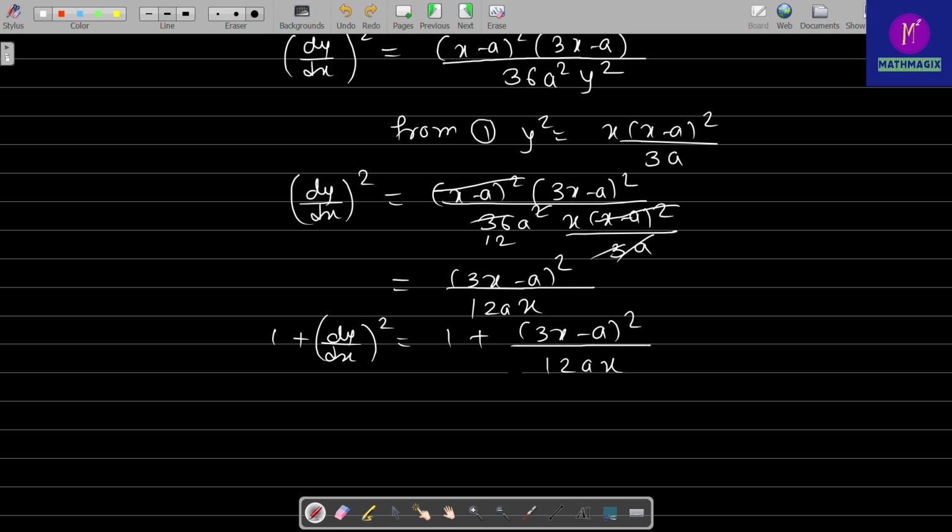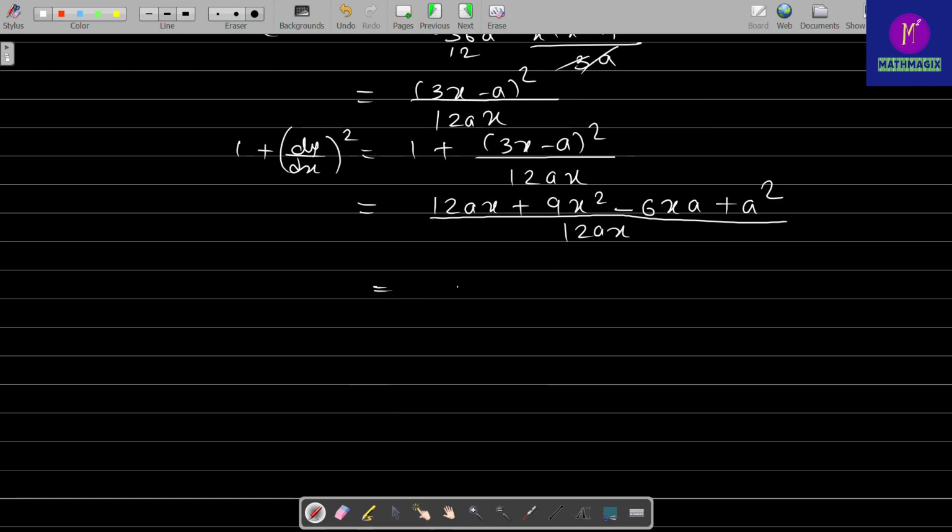So let us solve this by cross multiplying. We'll get 12ax. Solve this bracket (3x minus a) the whole square completely. We will get 9x square minus 2 into 3x into a, that is 6xa, plus a square, whole divided by 12ax. So this is equal to 9x square, 12ax minus 6ax is plus 6ax, plus a square divided by 12ax.